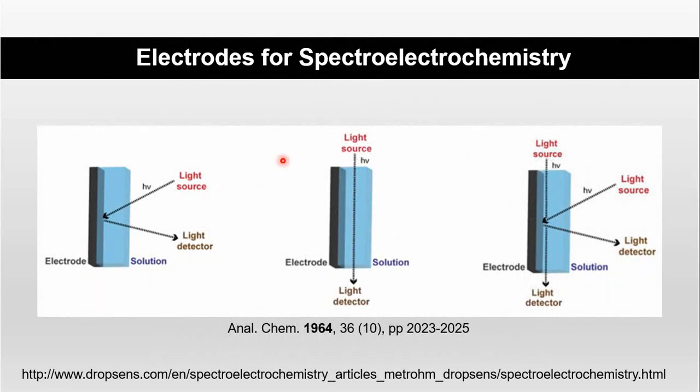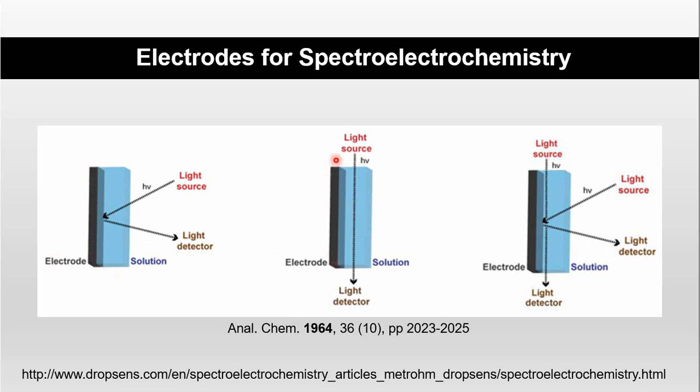Now the same can be seen over here, which is a more enhanced version of the same thing. That is, the light source is coming through here, passing through the transparent material, and then it is reflected back from the electrode and detected by a detector. Obviously this part consists of a solution where the electrode is present over here.